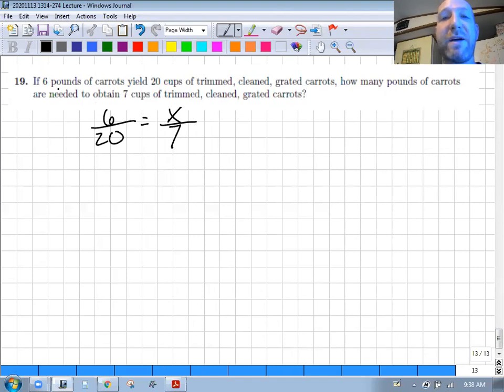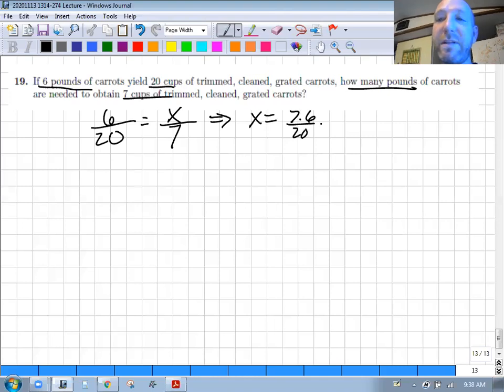So we're looking at pounds of carrots to cups of trimmed, cleaned, grated carrots. So 6 is to 20 as x is to 7. So x is 7 times 6 over 20, which is 2.1 pounds.